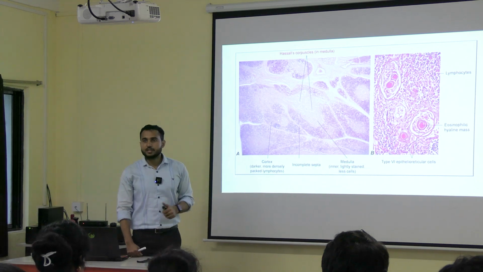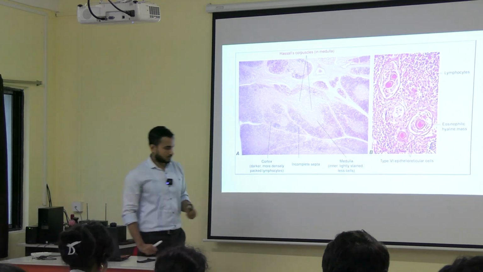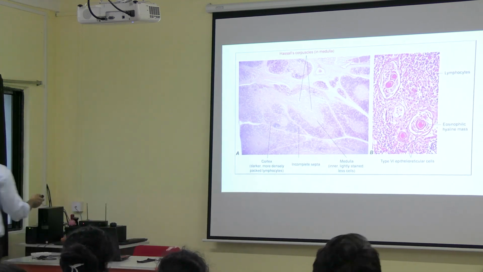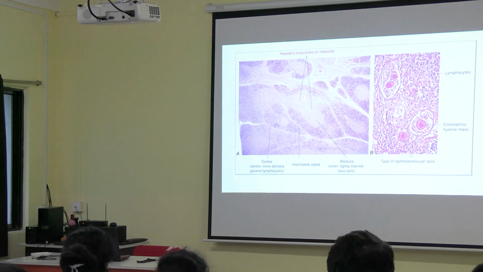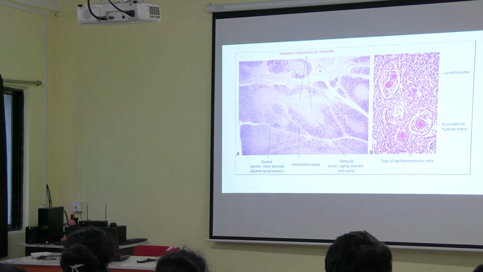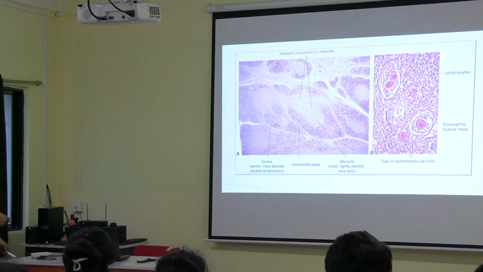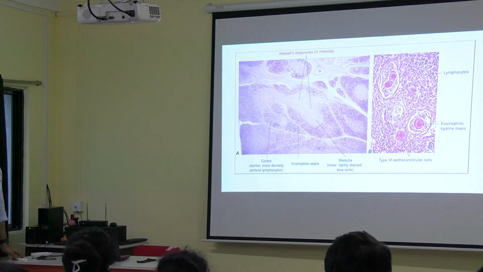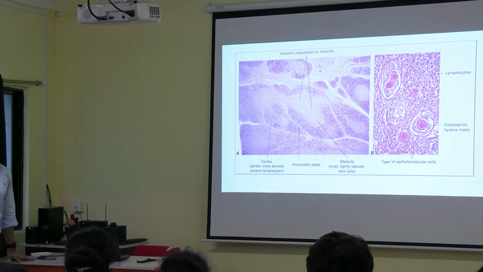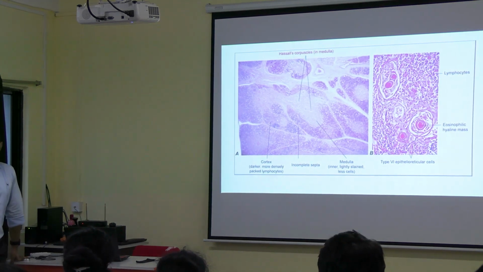Now, can you identify the structure? Now, if you see this diagram, what can you see? Can you identify the cortex? As I said, first of all you have to look for the capsule.